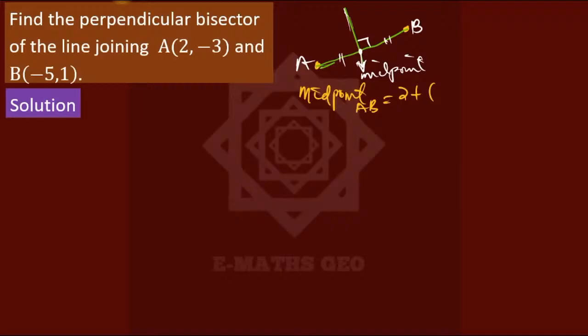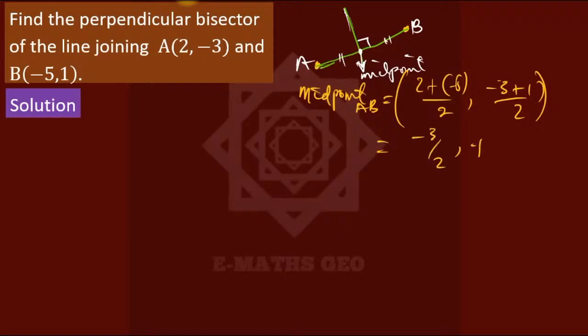For x it is 2 plus minus 5 over 2, and for y it is minus 3 plus 1 over 2. So we have minus 3 over 2 for x, and minus 1 for y. So the midpoint is minus 3 over 2 comma minus 1.